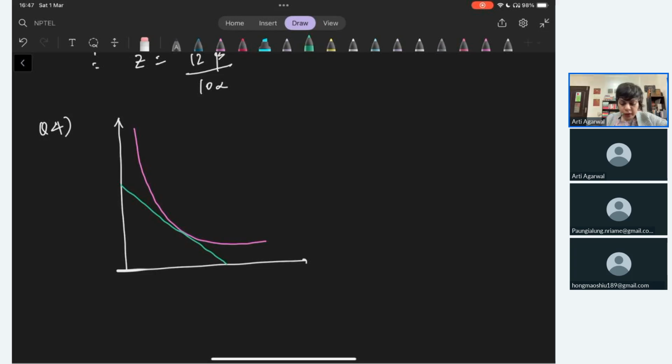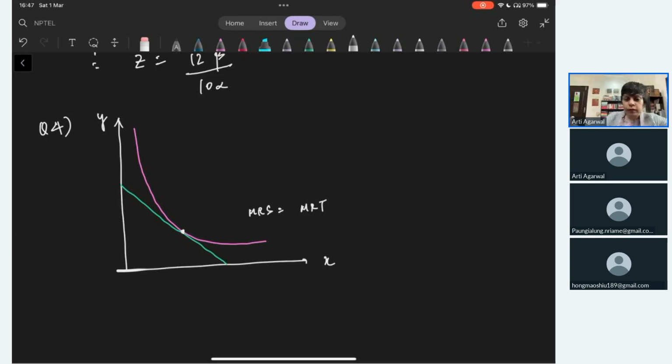And now we're just going to see what happens at different points of the consumption set. So now what we know is that at this point, we are assuming that MRS is equal to MRT. Now MRS is the slope of the indifference curve, and MRT is the slope of the budget constraint, which is basically just price of X versus price of Y. So this is X and this is Y, A or B, whatever you want to call it.